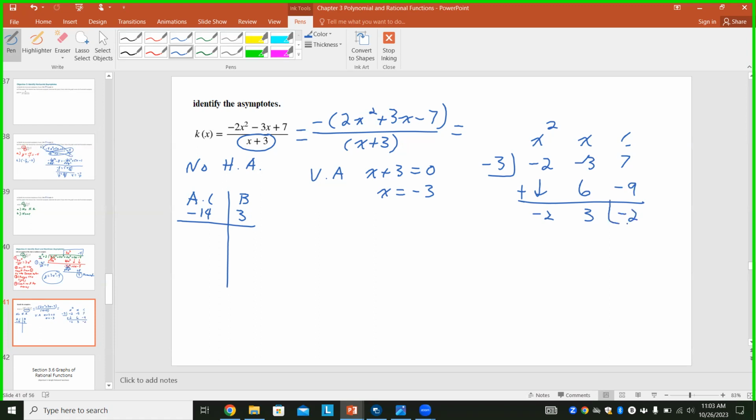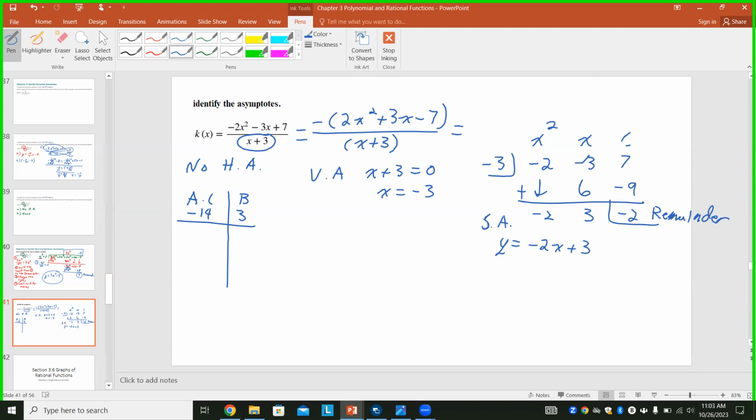If you recall, this number is called the remainder. And then the degree will drop, so you're left with -2x plus 3. And we just say y equals that. This is what we call our slant asymptote.